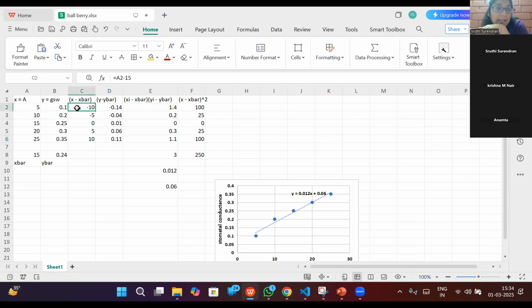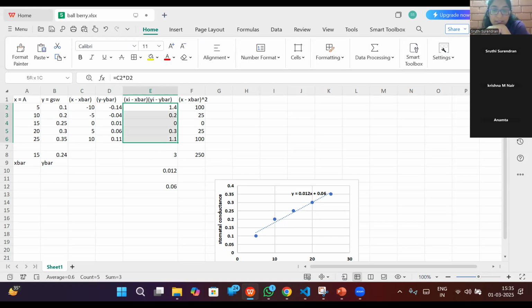Now, after finding x minus x bar and y minus y bar, we will multiply the two. That is, you multiply this value into this value and you get the x minus x bar into y minus y bar value. Here also you will do it for the second point, third point, fourth point, and fifth point. Now next, for the numerator, we have to find the sum of all of these values.